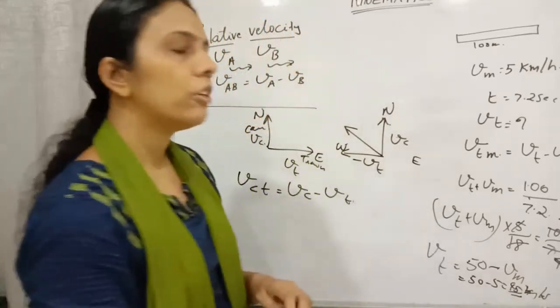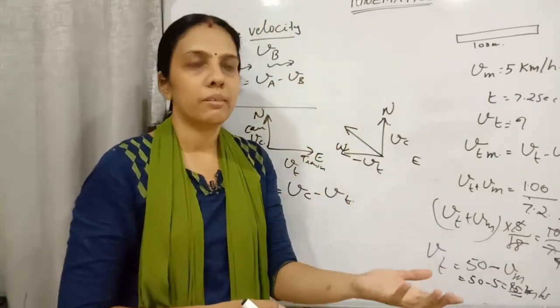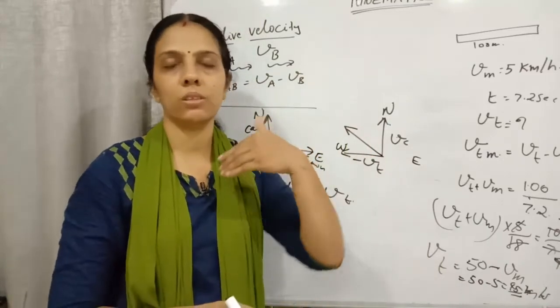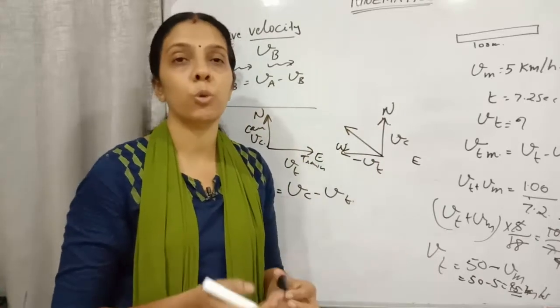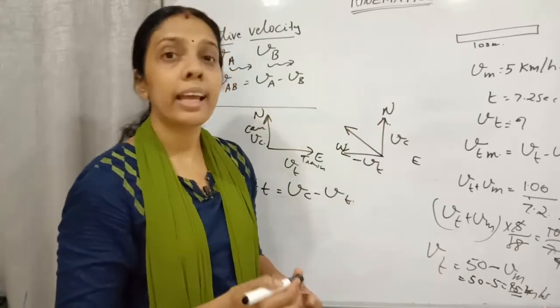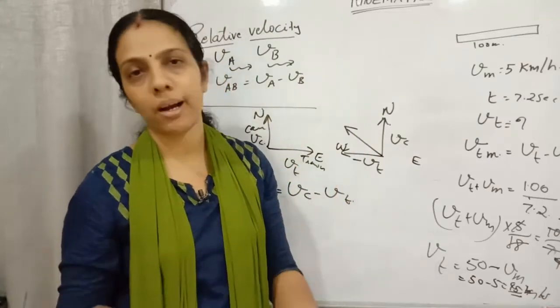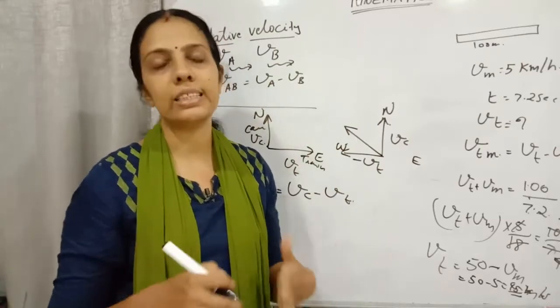Clear? So if both objects are moving, like river water and a boat, a man swimming on the river water, rain dropping vertically and a passenger moving on a bike, for such kinds of questions we will be using this relative velocity.